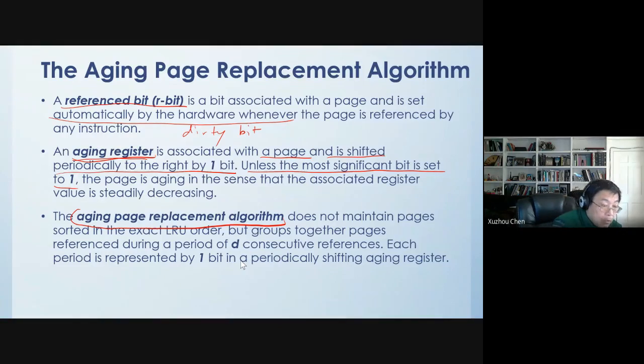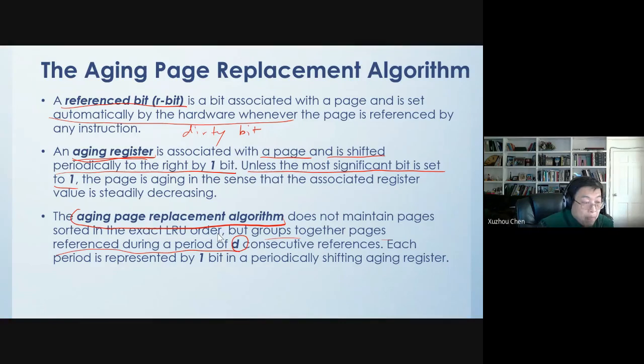So we put groups together. The aging replacement algorithm does not maintain pages sorted in the exact order, but it groups together pages referenced during the period of consecutive references.